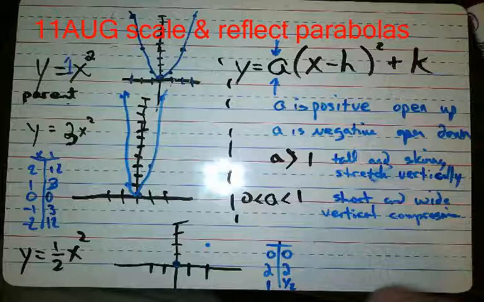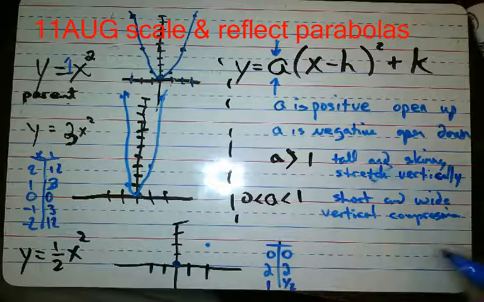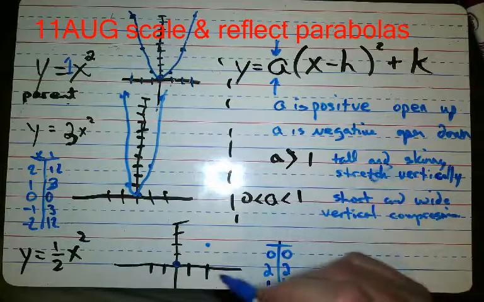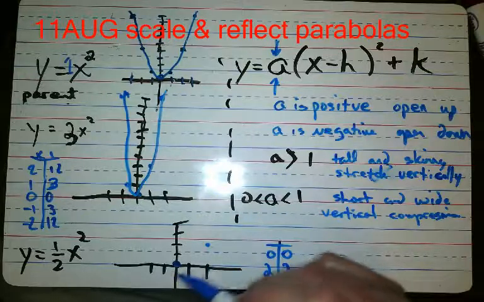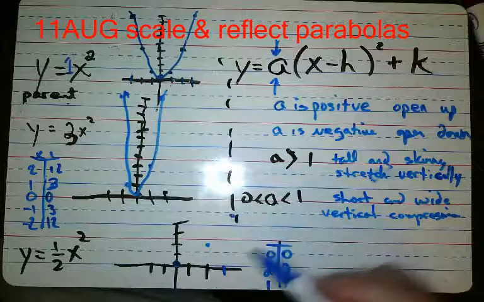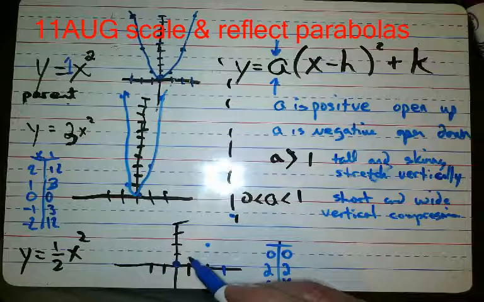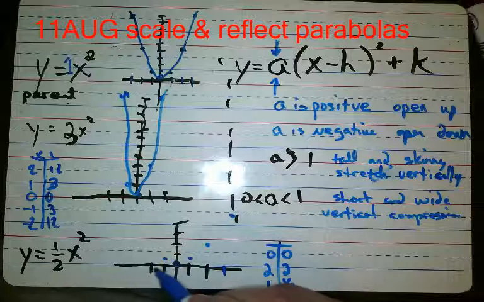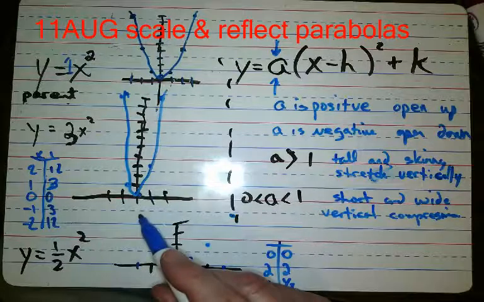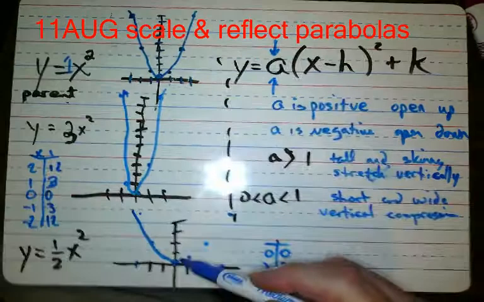Go over 3, 3 squared is 9, half of 9 is 4.5. So 4.5 is right. And the other side is the same: this is a half, this is a half, this is 2, this one is 4.5.